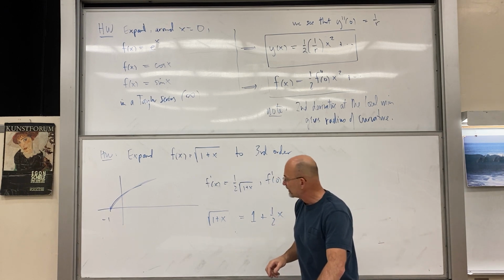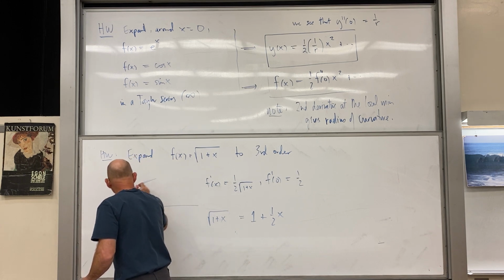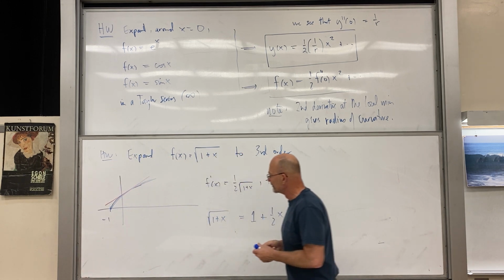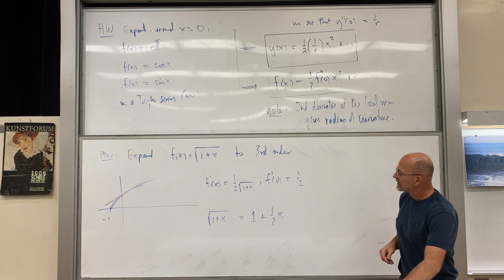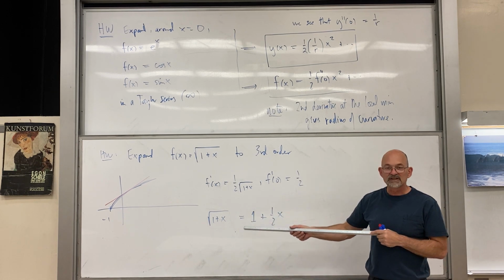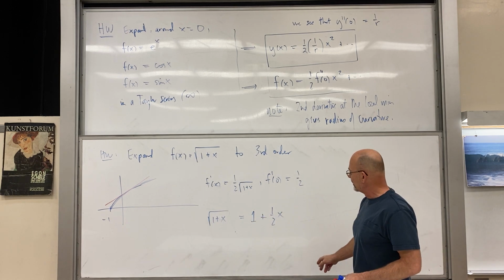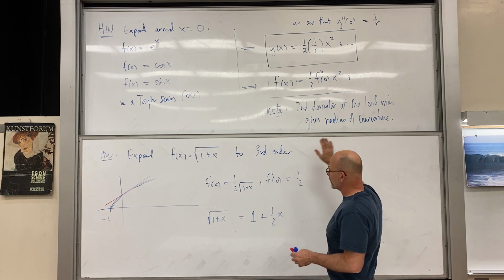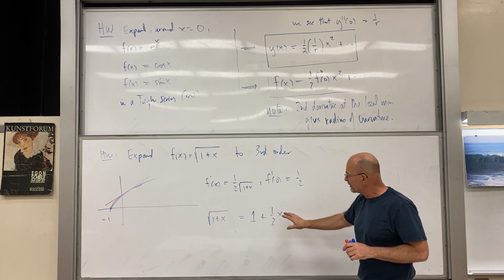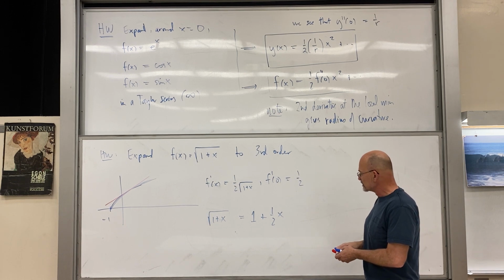So that is just this line with a slope 1/2. And this is interesting. You can use this to get approximations to square roots. Okay. So I'm going to have you do a couple more orders, but if you just have this alone, you can get approximations to square roots.